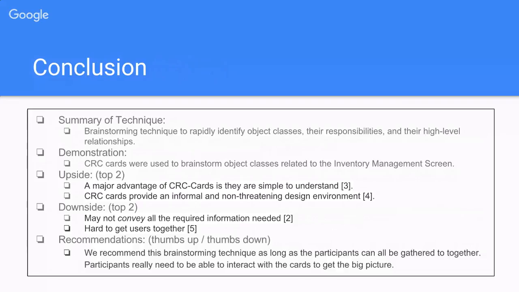The major advantages are that they are simple and easy to understand, and they provide an informal and non-threatening design environment. A downside is that they may not convey all the required information, and it's hard to get all the users together. And we recommend using this brainstorming technique as long as all the participants can be gathered together. Participants really need to be able to interact with the cards to get the big picture.